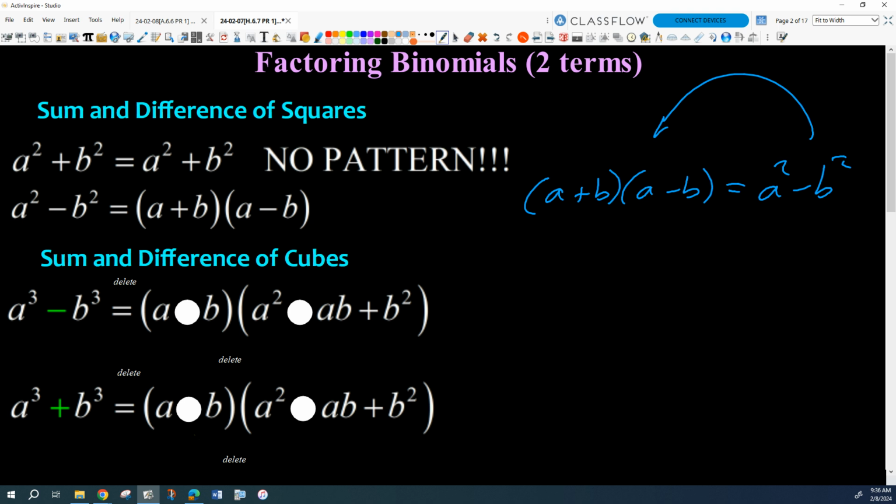So if we see something that looks like the pattern A squared minus B squared, which we call a difference of squares, difference means subtraction, then we know that's going to factor into the conjugate product pattern. So it factors into a product of conjugates. So that one we already know.